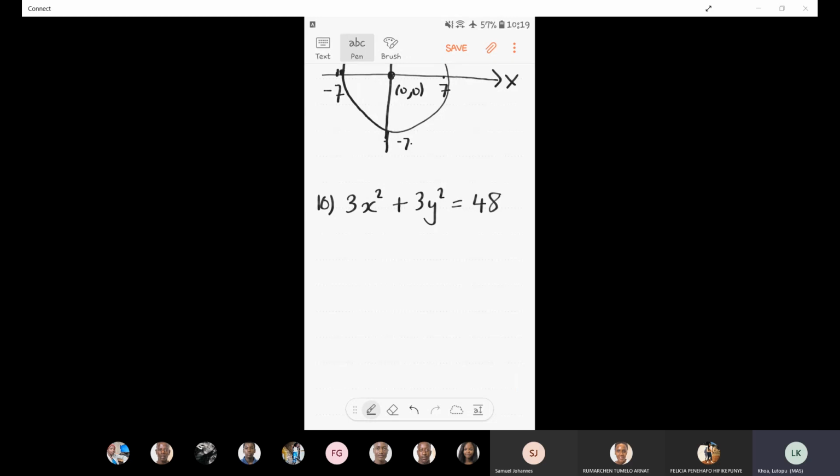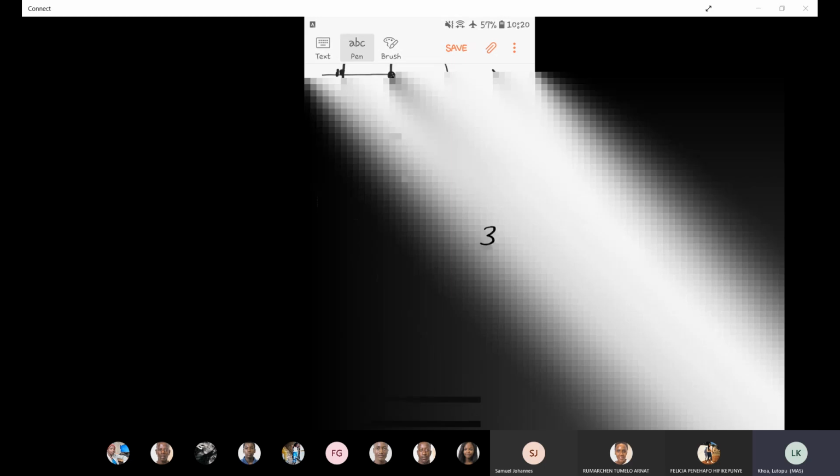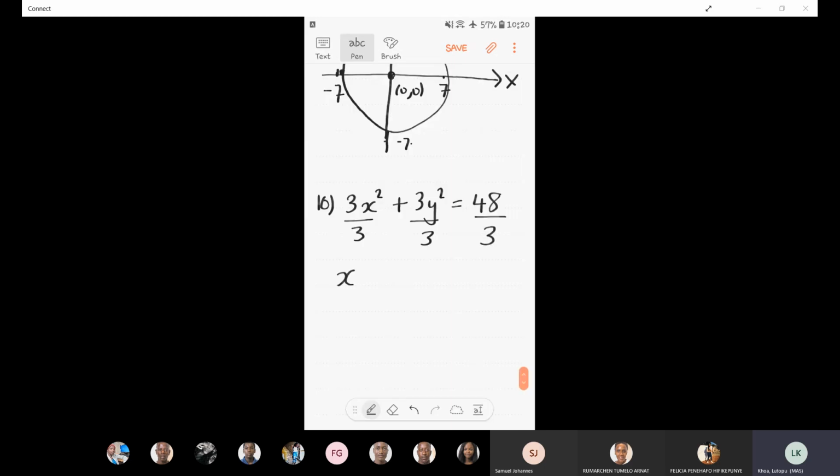So here, I don't think it is going to be a circle because what we do, okay, no, it is. You can divide by 3 both sides. Then we get x squared plus y squared.